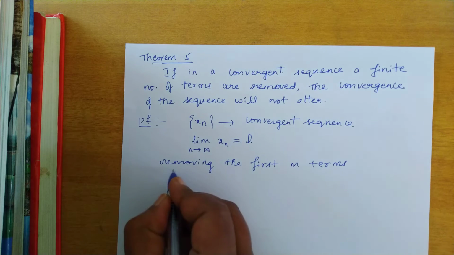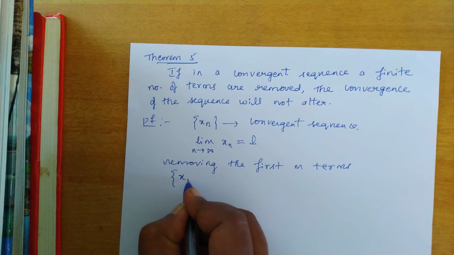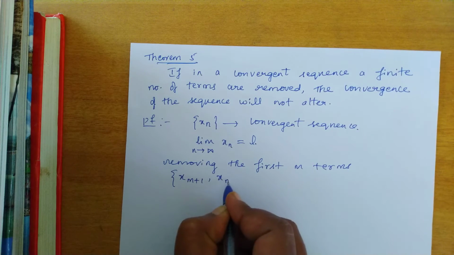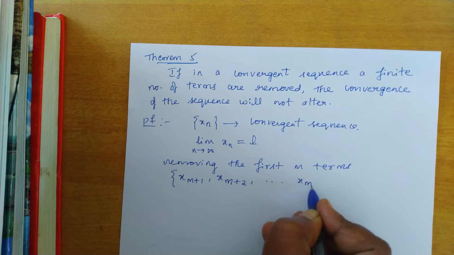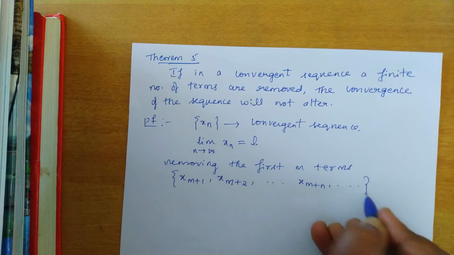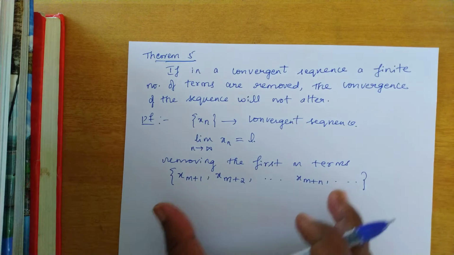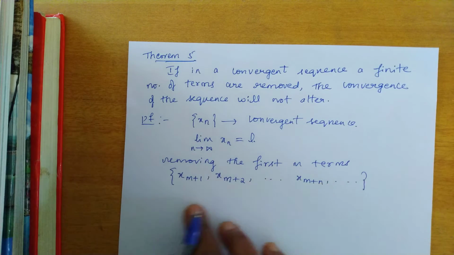After removing, what do I get? x of m plus 1, x of m plus 2, etc., x of m plus n, etc. The sequence continues. So the terms remaining in the sequence are only these.